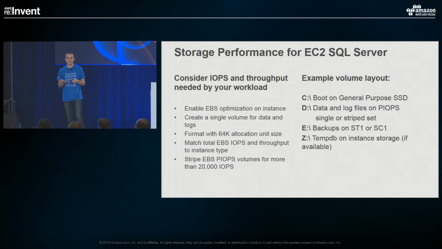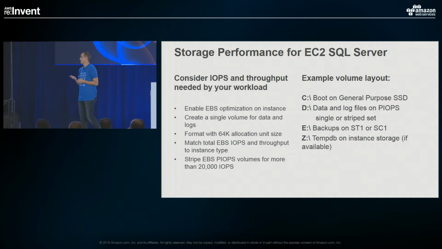But that said, there are a couple of things that we can recommend whenever you are planning to deploy SQL Server on EC2. First of all, we talked about EBS optimization. Make sure that if it's not enabled by default, you do enable that feature.